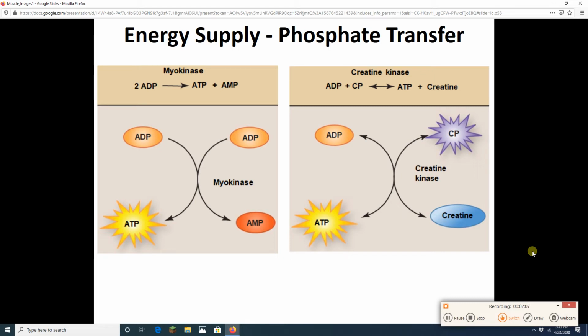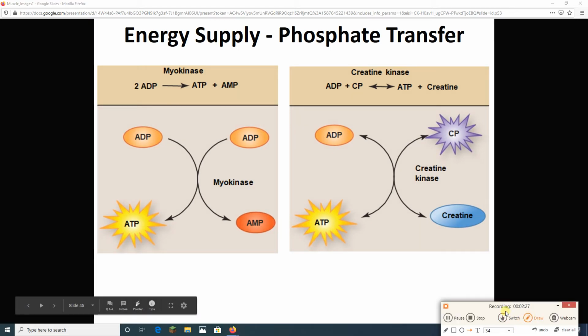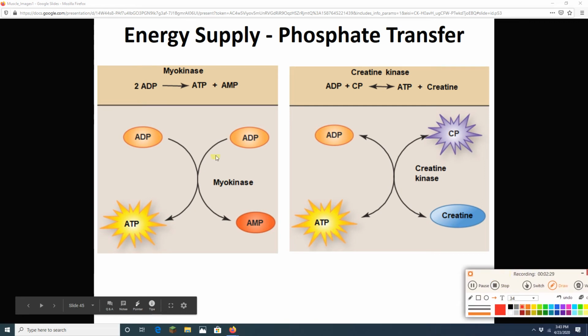But you have some other stored phosphates that let you regenerate ATP. Remember, when you break down adenosine triphosphate, ATP, you get adenosine diphosphate, ADP. And there is an enzyme in your muscle cells called myokinase.